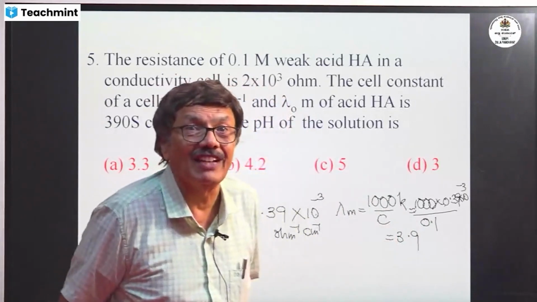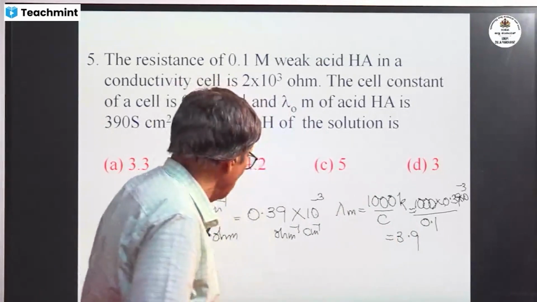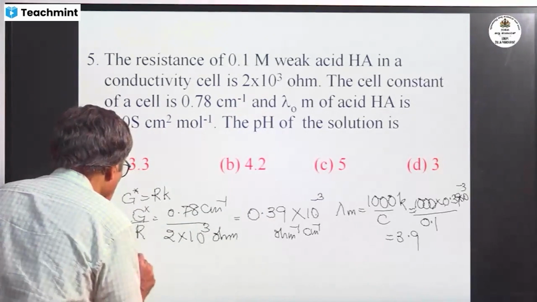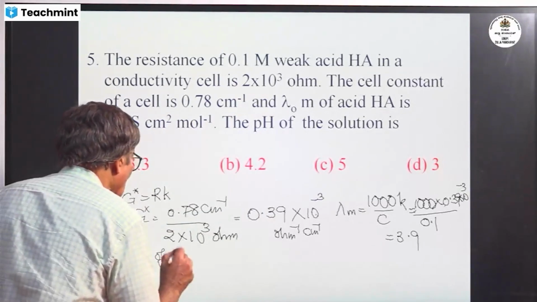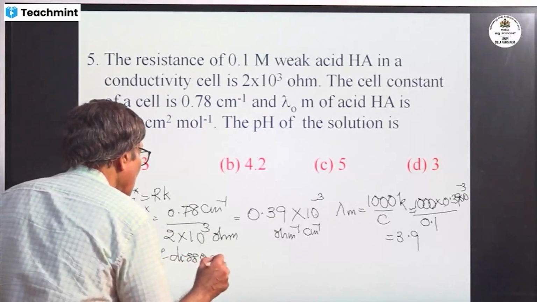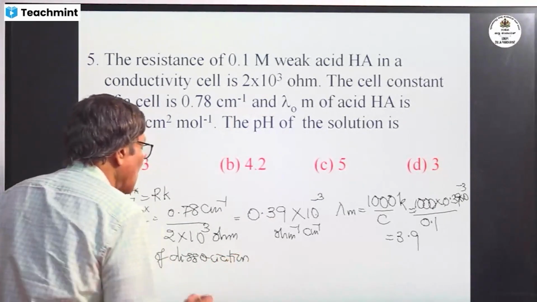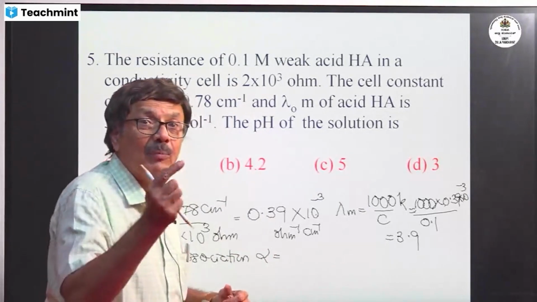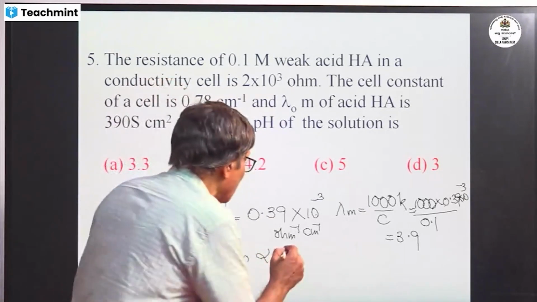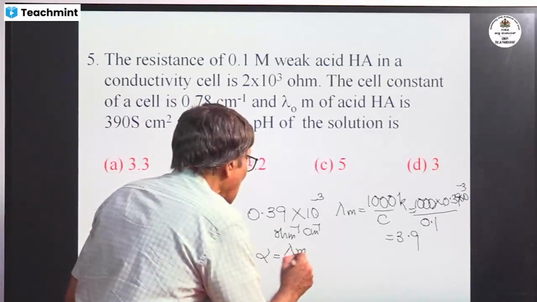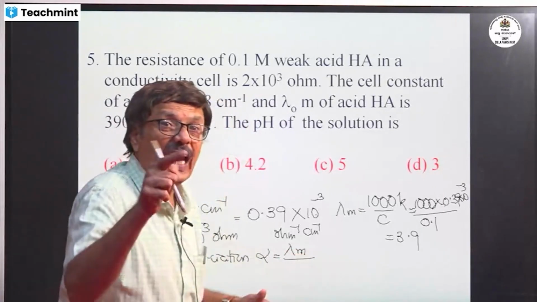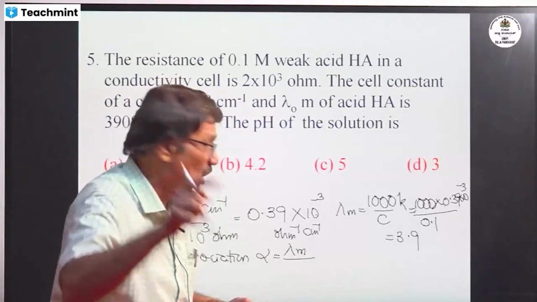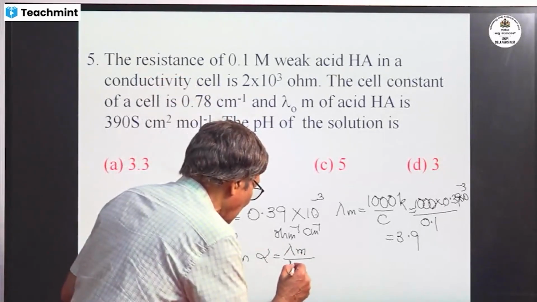We should calculate the degree of dissociation, alpha. How will you calculate it? It is the molar conductivity at the given concentration, lambda m, divided by the molar conductivity at infinite dilution, that is the limiting molar conductivity, lambda naught m.